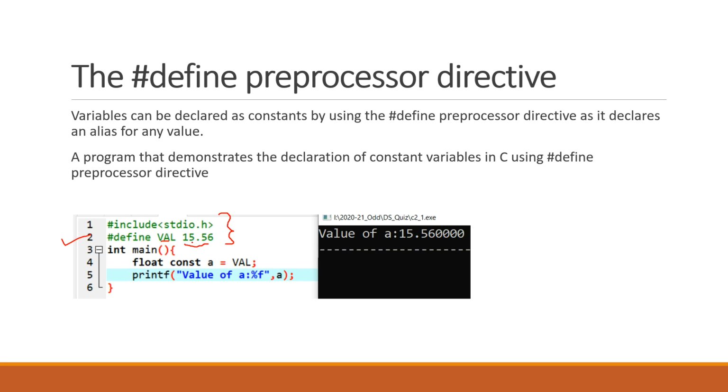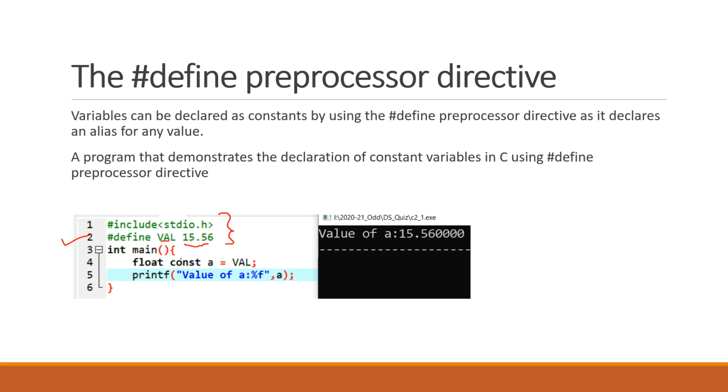Okay. Now, in this program, a constant is defined. A is a constant. What is the value of that? The value is the symbol VAL. Now it checks whether VAL is defined in this hash define or not. When it is compiling, it checks VAL whether it is defined or not.